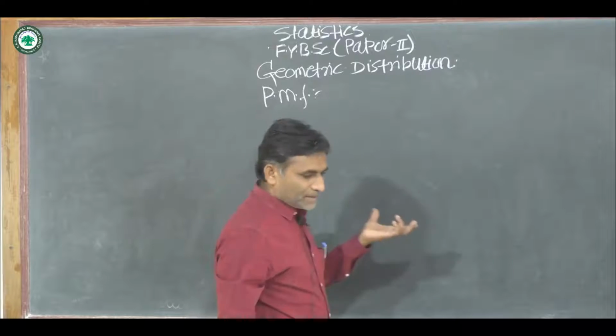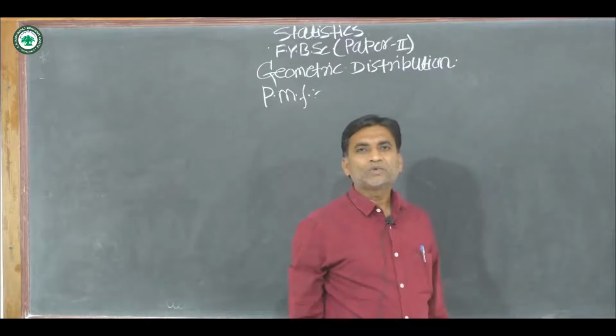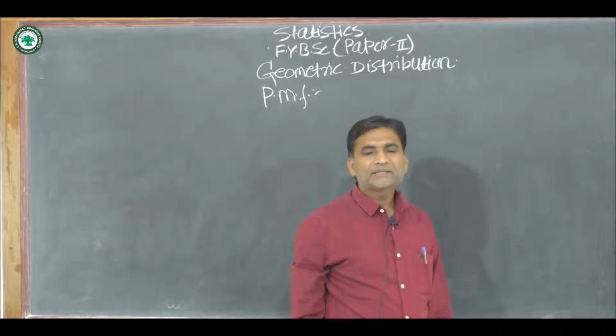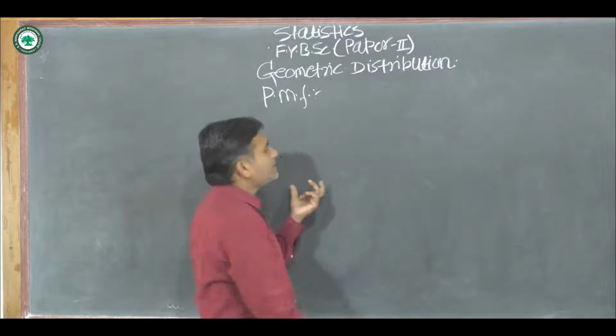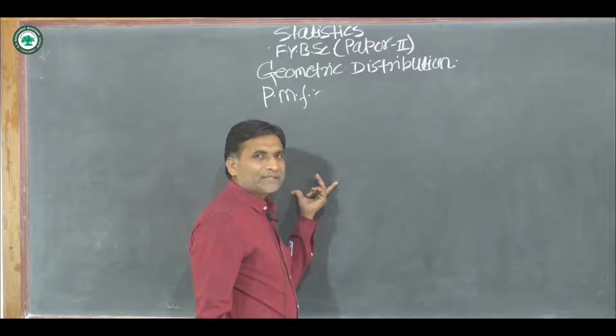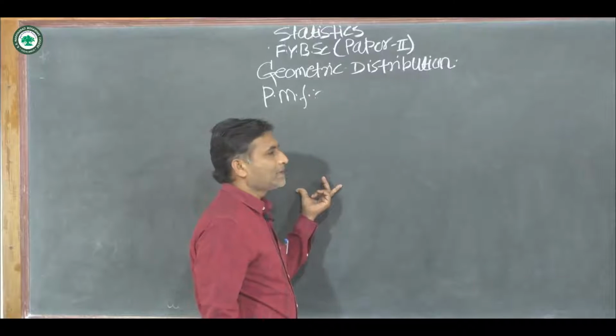A Bernoulli trial has only two outcomes, one is success, the other is failure, and P is the probability of success in a single trial.